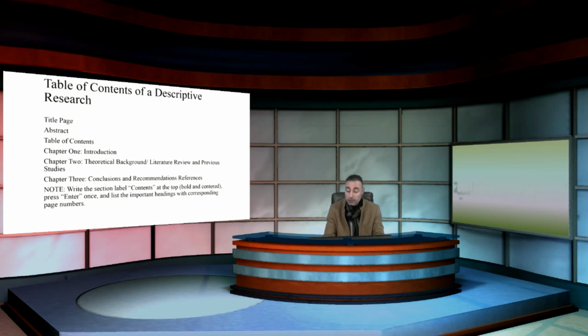Chapter 3 has the conclusion, recommendations, and references. In this chapter, you include the conclusions of everything you have talked about in chapter 1 and chapter 2, and tell the readers the recommendations and references for future studies.